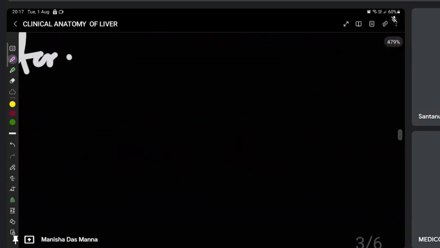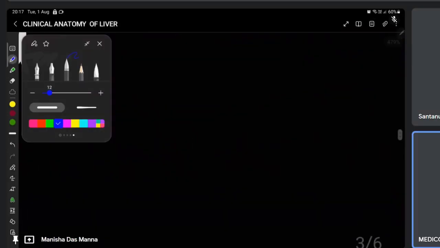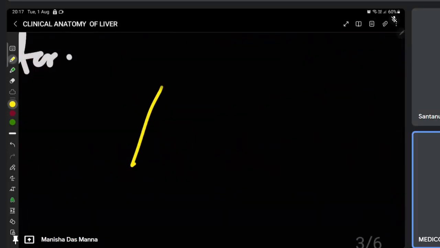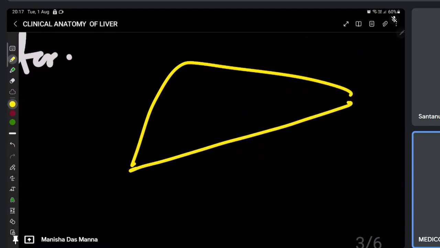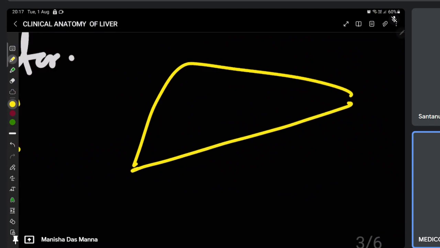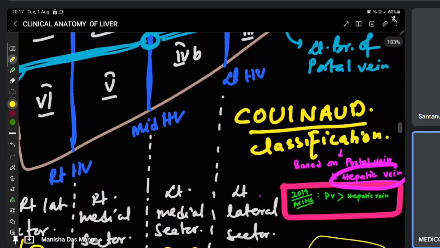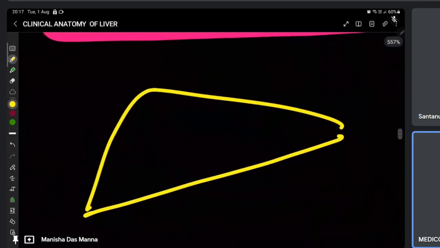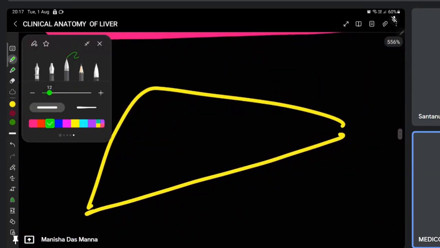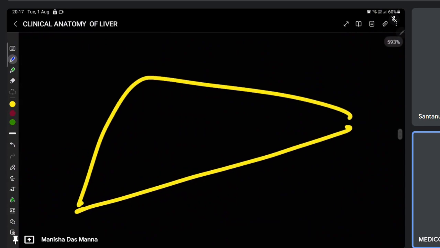Now let's imagine this is the liver, and look at this. There are some hepatic veins. This is the left hepatic vein, this is the mid hepatic vein, and this is the right hepatic vein.